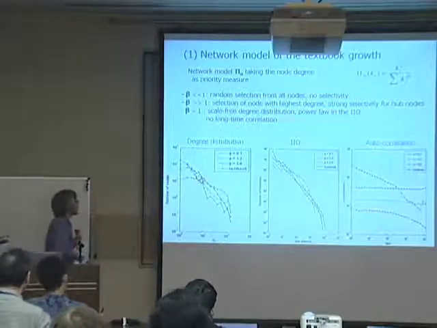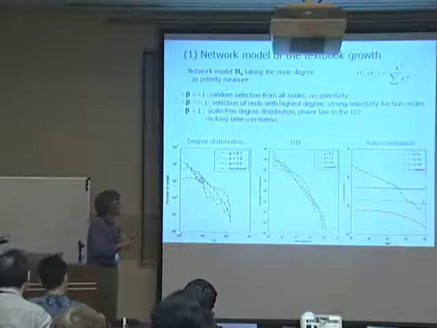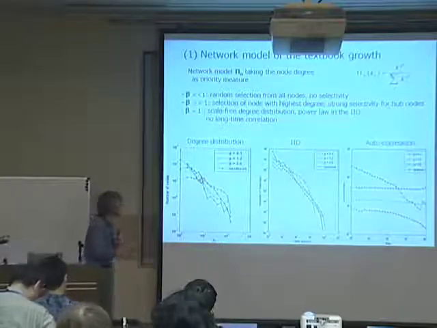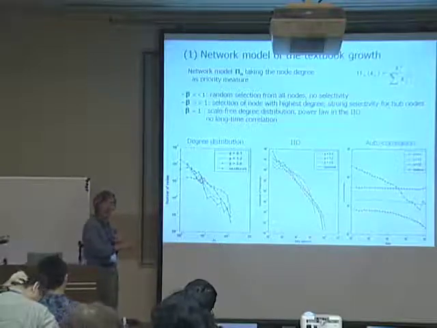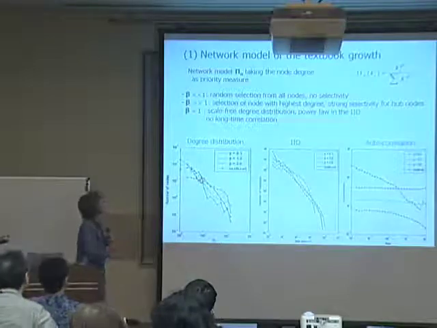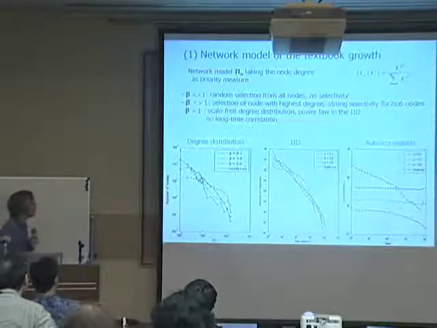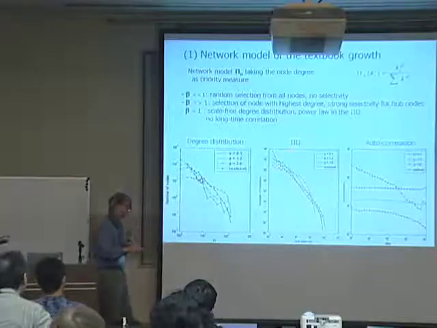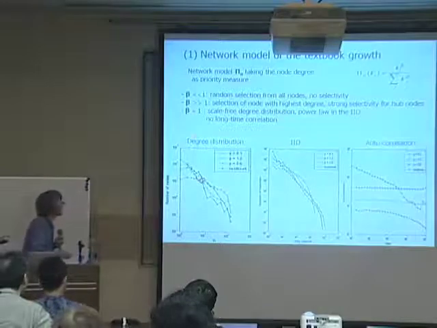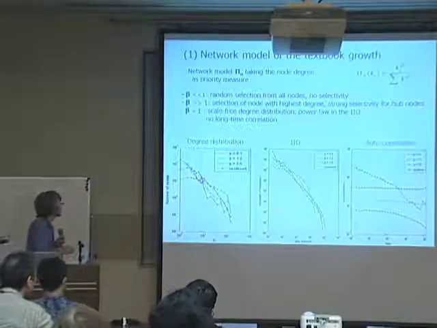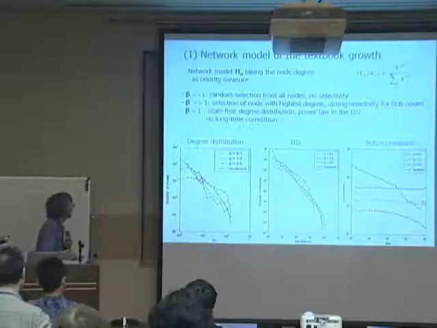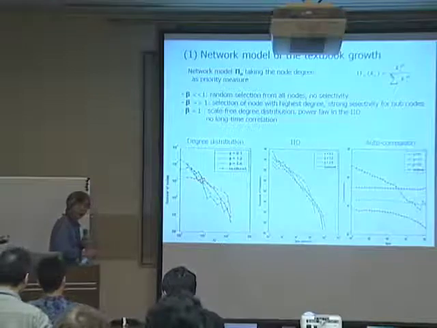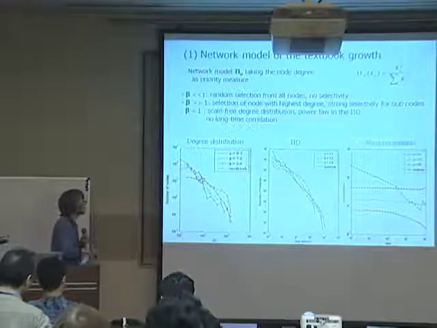In that case, it is a random process, so the event interval distribution shows an exponential behavior. But when it is big enough, we have power behavior in the event interval distribution. Also, here we show the degree distribution versus number of nodes. When the exponent is small, it is like exponential, but when it is big enough, it shows power behavior.